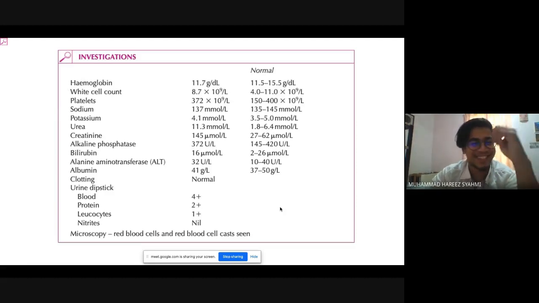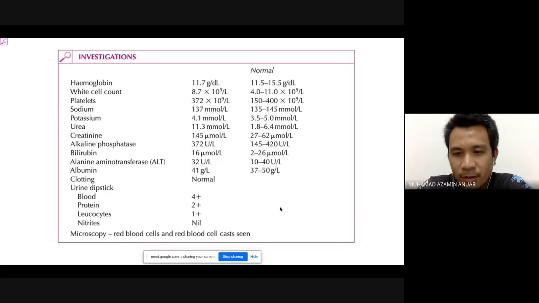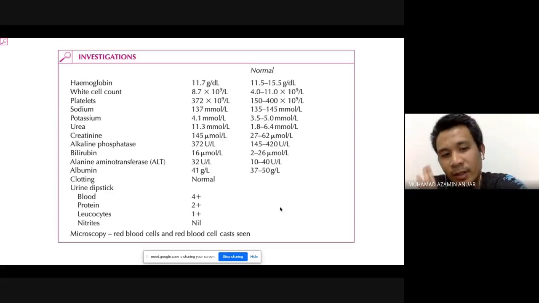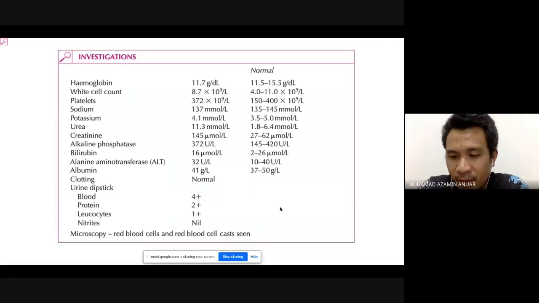I'm not sure, doctor. If leukocyte positive and nitrate positive, maksudnya macam mana? What is the meaning of that? UTI. Okay, UTI kan. Kalau either one, either leukocyte or nitrate positive, is it UTI?